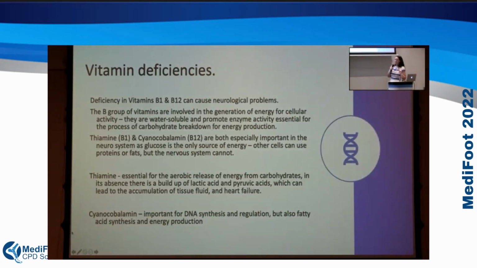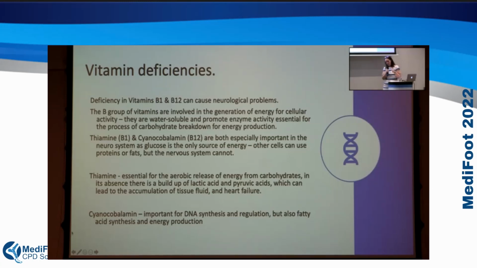So we know that vitamins are hugely important for nerve function, and the B ones really are at the forefront of this. These vitamins are important for the production of energy, so they work very closely with the energy producing factors in your cells to actually release energy so that your cells can use it.